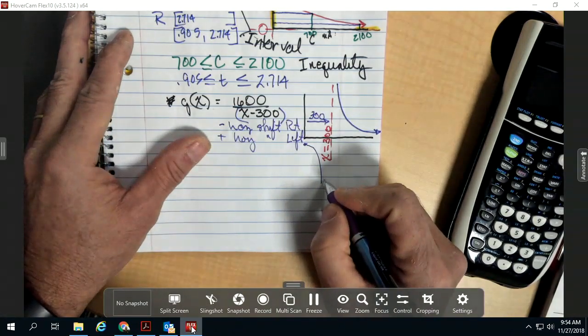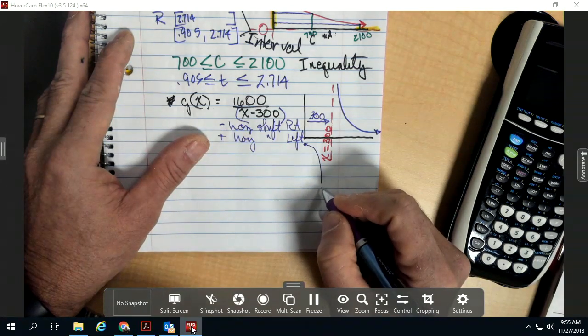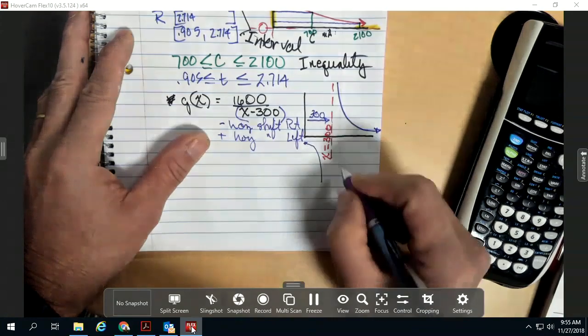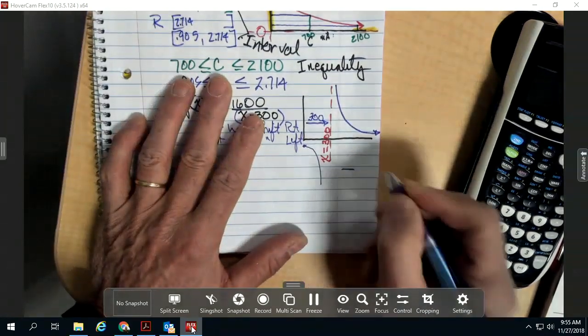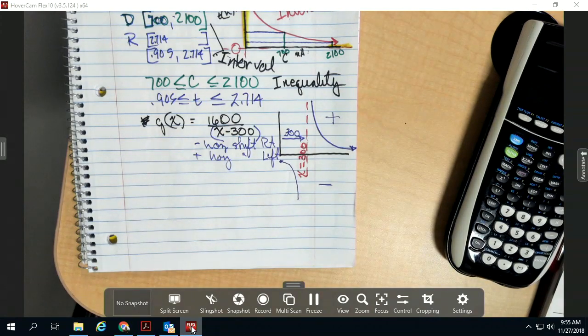But if your charger is like 299, it will take a long time before it runs out of battery. It won't charge. It won't be positive. This is negative down here. It won't be a positive time or recharging situation until you cross 300.